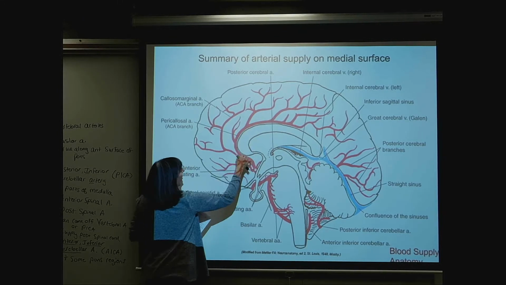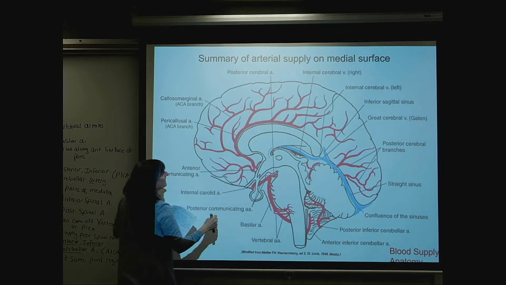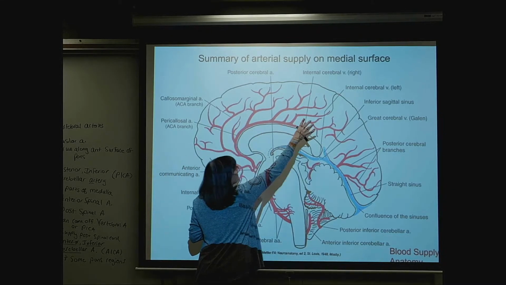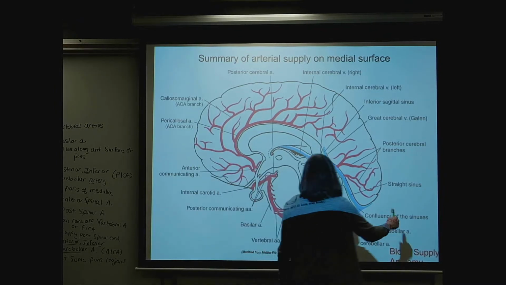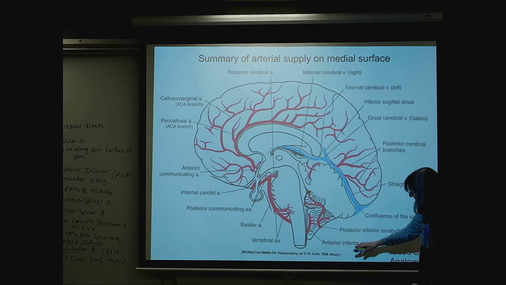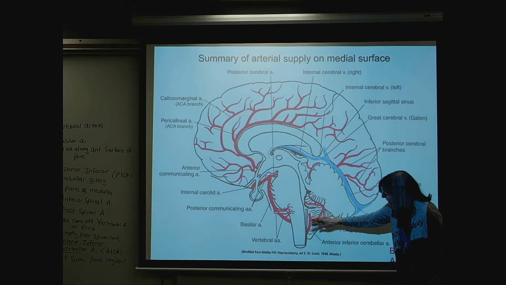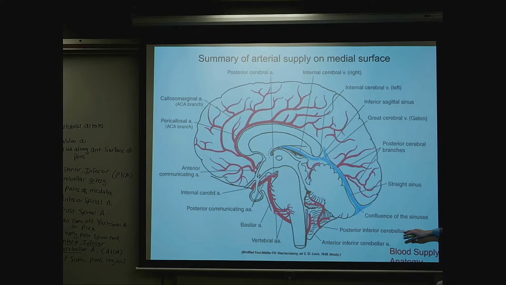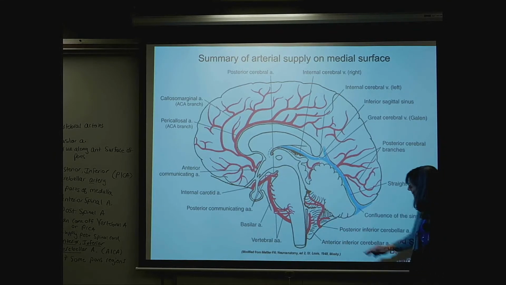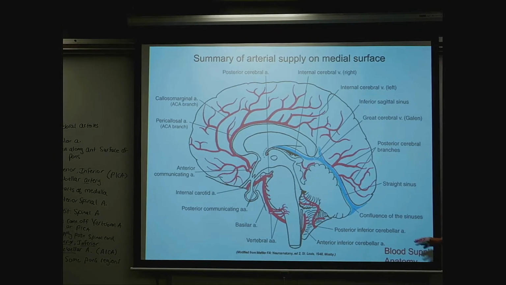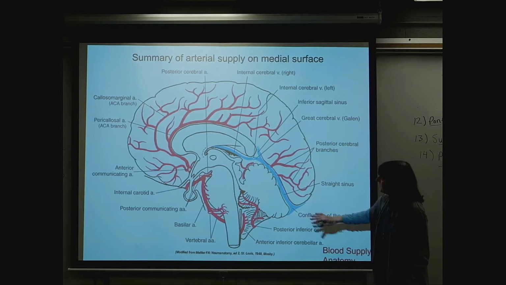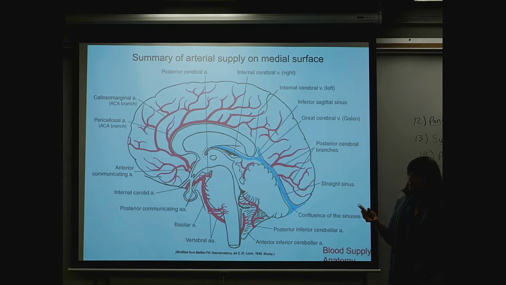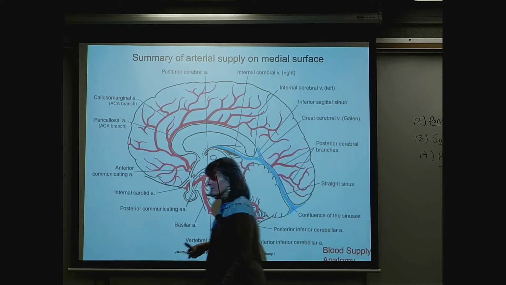So this is going to be our anterior cerebral artery that's going to go to supply these medial regions of the cerebral hemispheres. And then if we go back to this area, we can see our anterior inferior cerebellar artery there, as well as our posterior inferior cerebellar artery right there. This also has some sinuses on it, well, parts of some of the sinuses, to get you also oriented with the arteries relative to some of the sinuses that we've talked about in class.